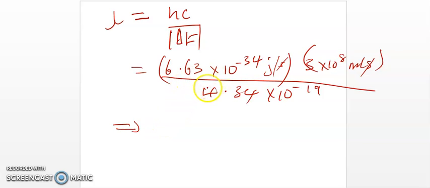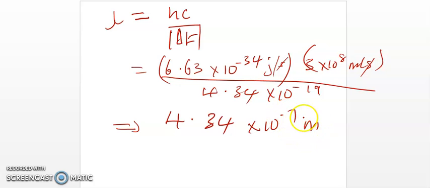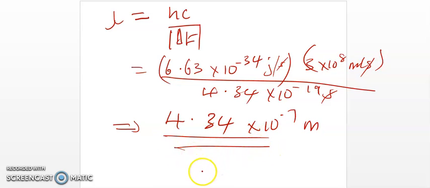Plug this into your calculator and you will get 4.34 times 10 negative 7 meters, because joules cancel out. Or you can reduce this to 434 nanometers.